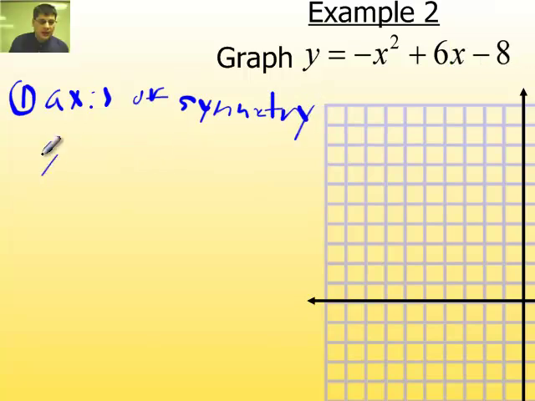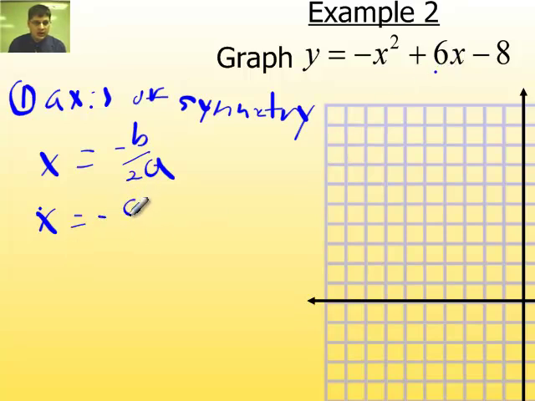So recall that's x equals negative b over 2a. Notice it's x equals because the axis of symmetry is a vertical line, and vertical lines are graphed when you have x equals a constant, x equals a number. So let's get that axis of symmetry. x equals, now our b value is 6, so here's negative 6 over 2 times a.